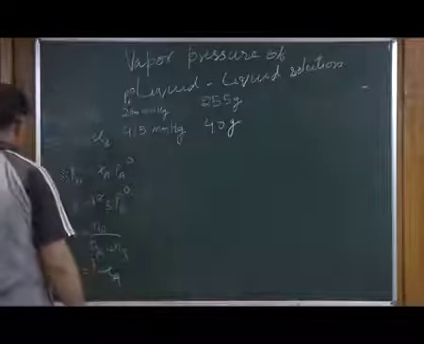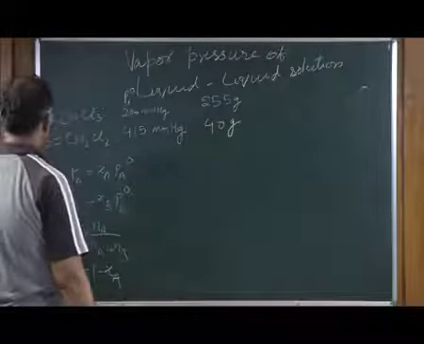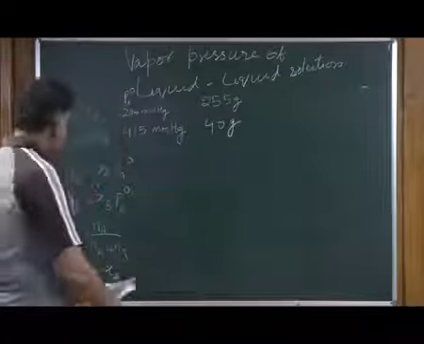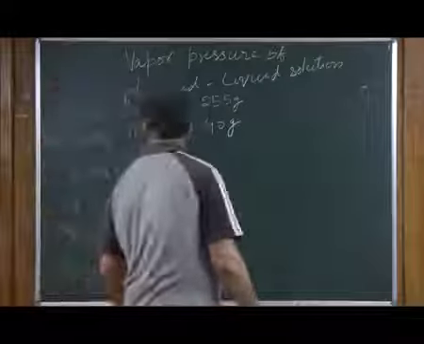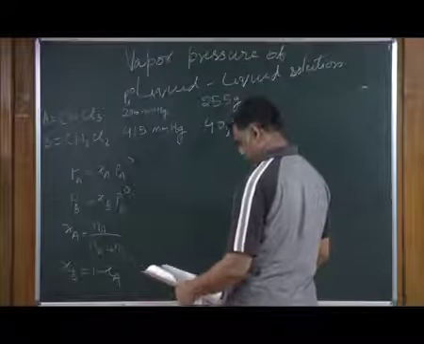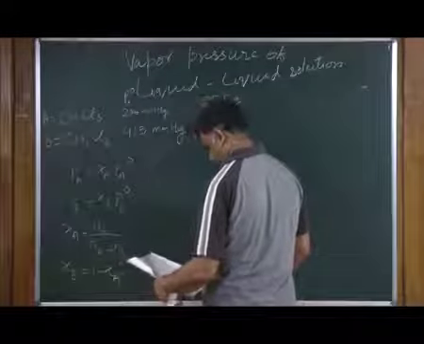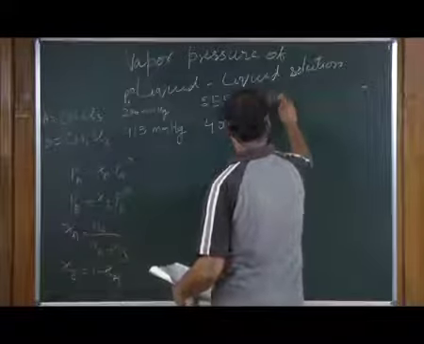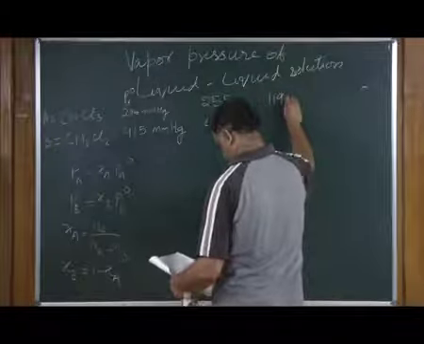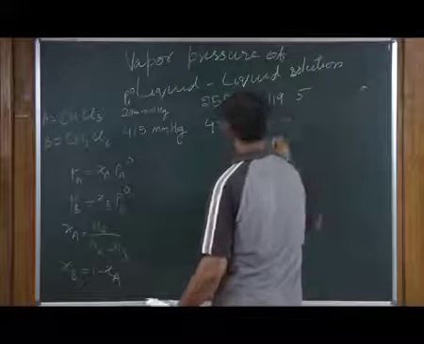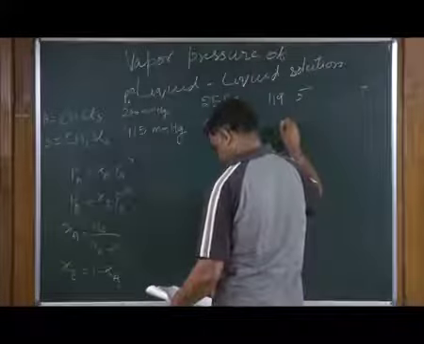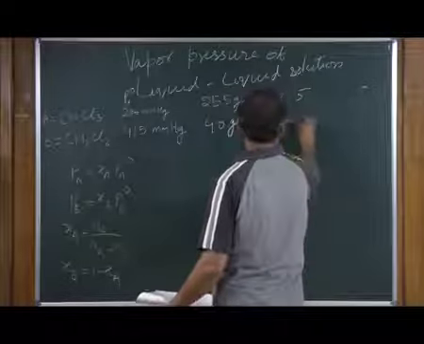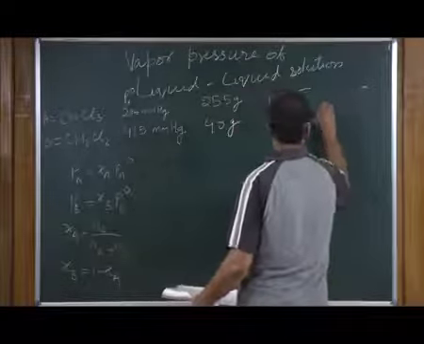Now, to calculate NA, I need the molecular weight. So, let us see what is the molecular weight. Molecular weight of CHCl3 is 119.5 and molecular weight of CH2Cl2 is 85 gram per mole.